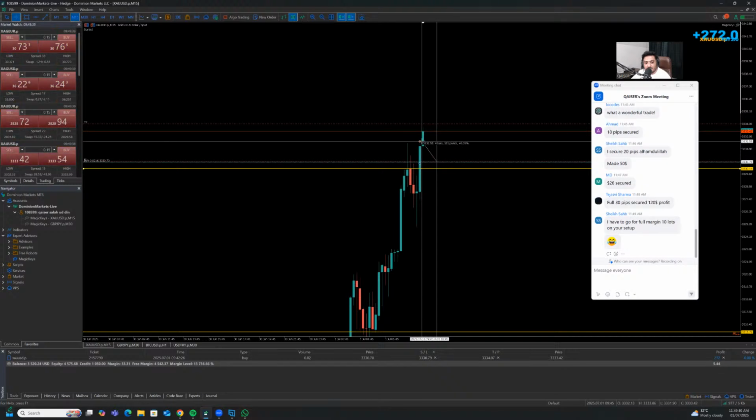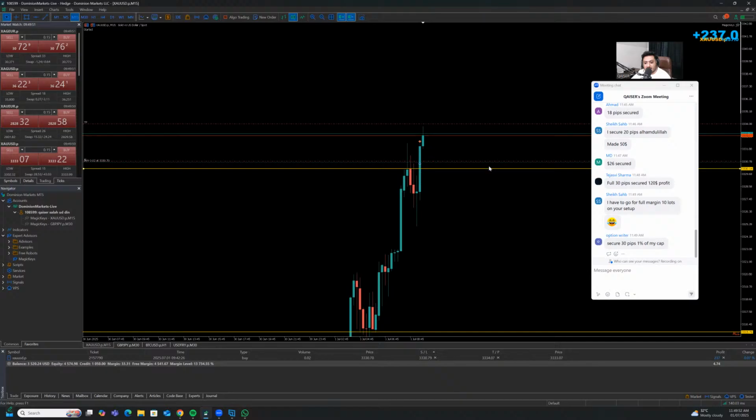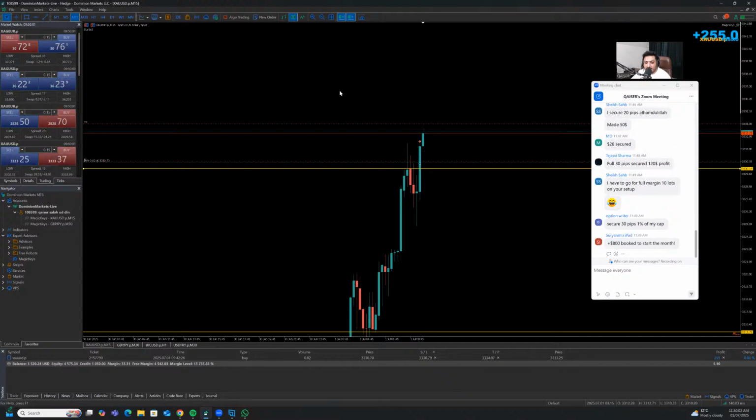In this situation, if we wait for the candle to close, this is where the impulse entry actually takes place. If we wait for the candle to close, we might miss 18 pips in it. See that? Secured 30 pips, 1% of my capital. Wow. People are just killing it. Very nice. $800 book to start the month.